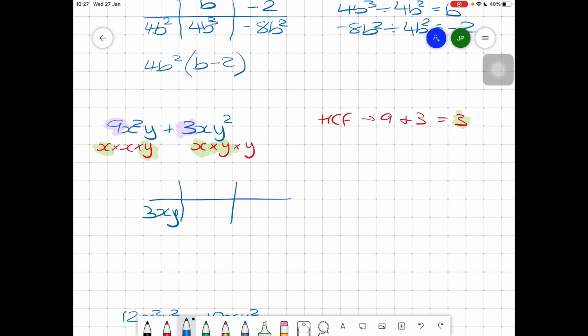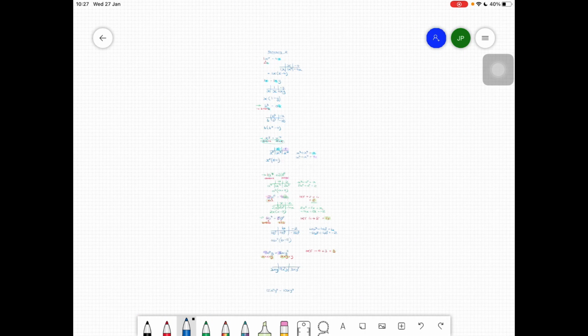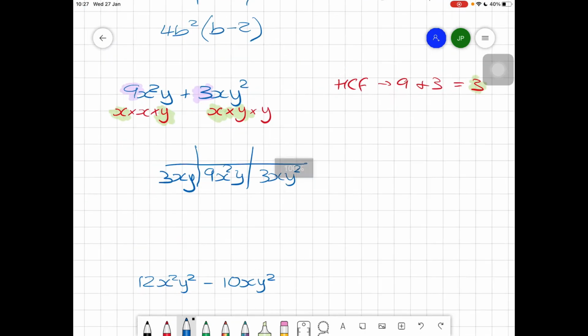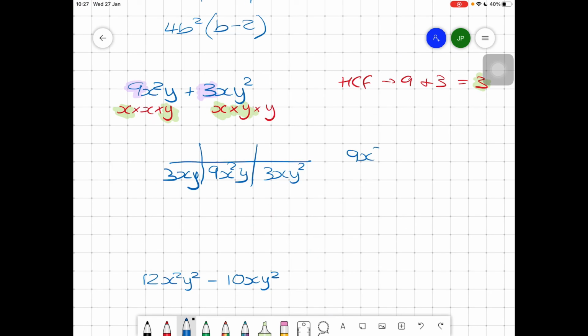I then need to put in my question into the boxes again. So I've got 9x squared y, I've got 3xy squared. And I do my division. So I'm going to do 9x squared y divided by 3xy, which is going to give me 9 divided by 3 is 3.